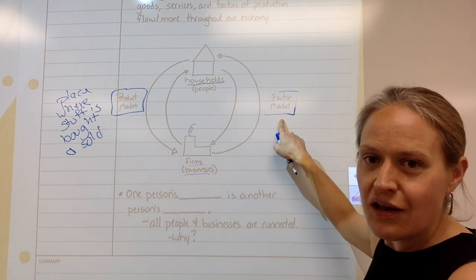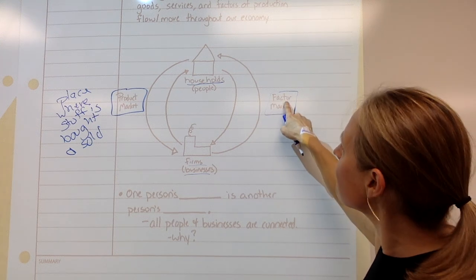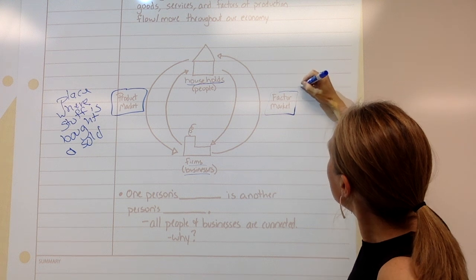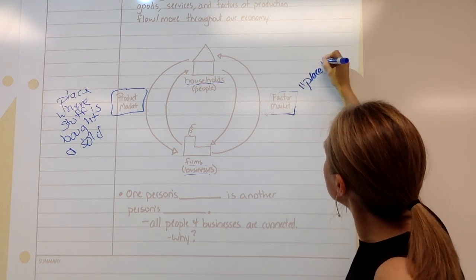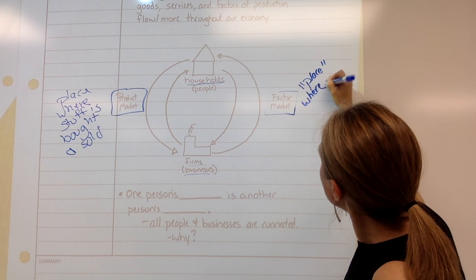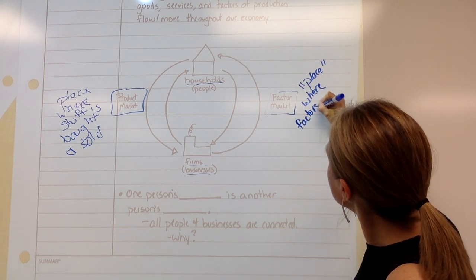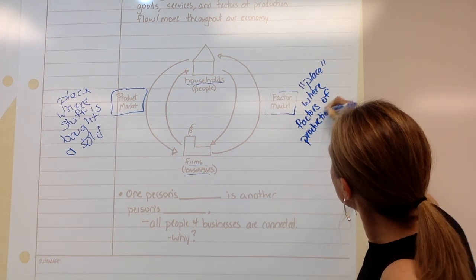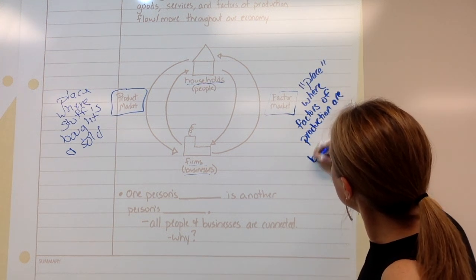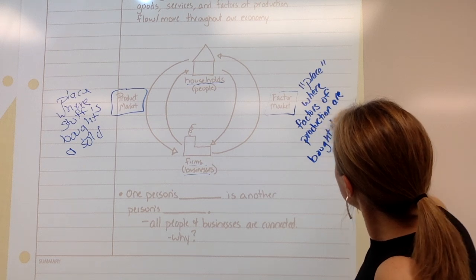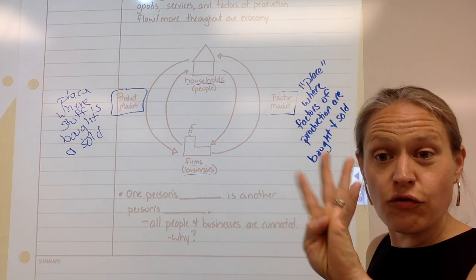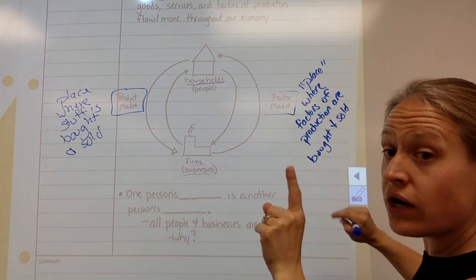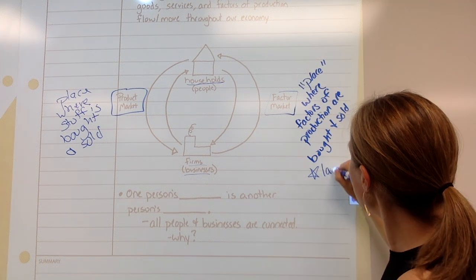The factor market, well, they're using the term factor because it's from factors of production. So it is, I'm going to put place in quotes, place where factors of production are bought and sold. And we just discussed that there are those 4 factors of production, but in this model, we're going to just focus on one of the factors of production, and that is labor.